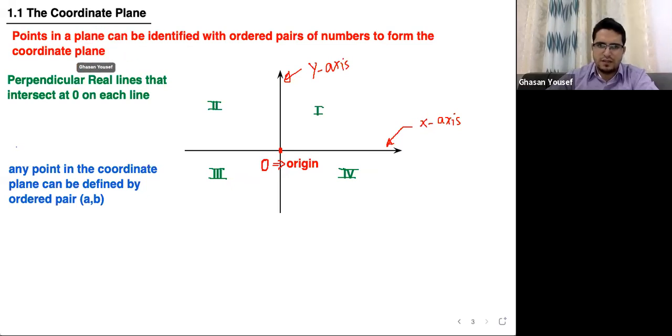This is the general definition of the coordinate plane. Now the important things: we have to find the distance and the midpoint between any 2 points in the Cartesian plane.